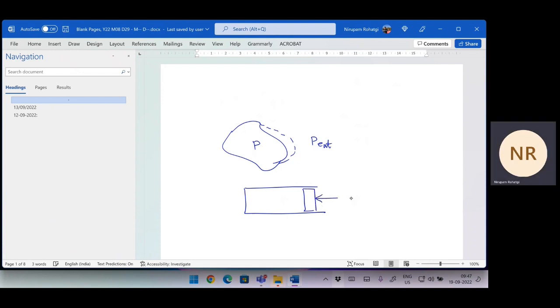This is the external force or external pressure, let me take, because we will talk in terms of volume multiplied by pressure, and there is an inside pressure. Now what will happen, let us say your piston is moving to the right. Why? Because P external is less than P, right? So it will do some work.